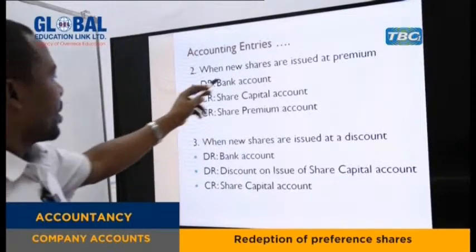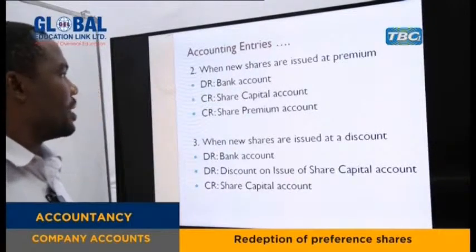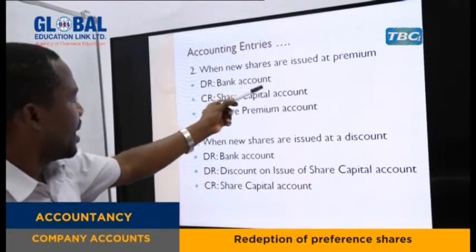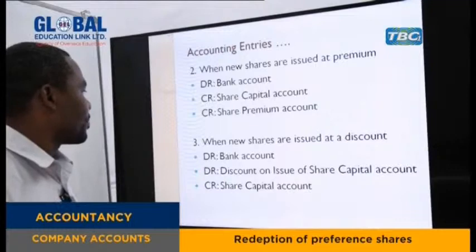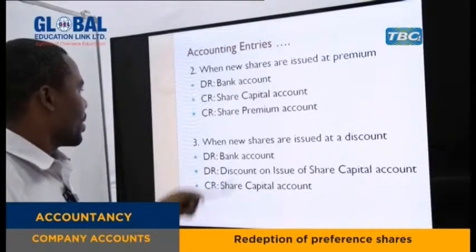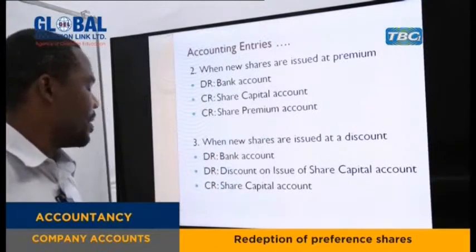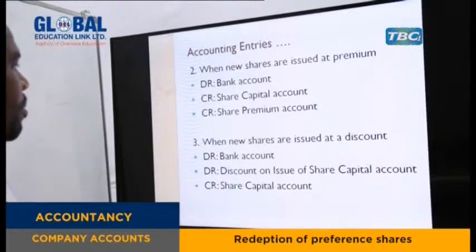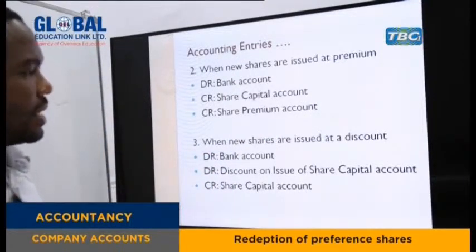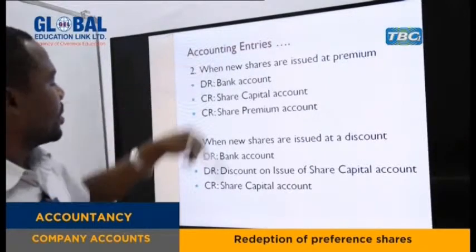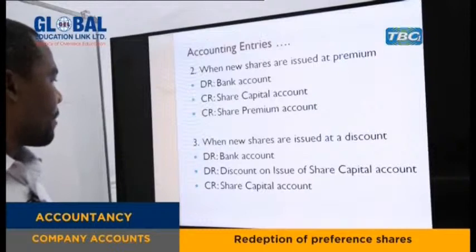But when these shares are issued at a premium, we debit bank for the amount received, including premium, we credit share capital account, and we credit the share premium account. Of course, this is the normal accounting procedure as we did in the previous lessons when we were discussing issue of shares.